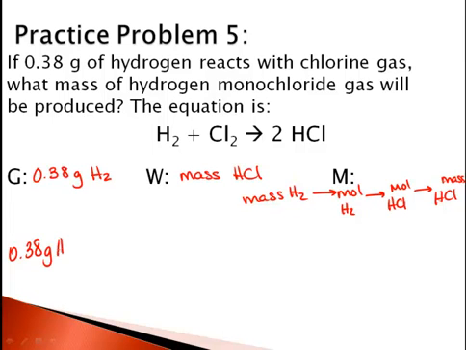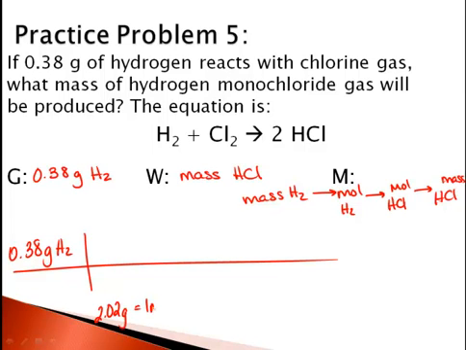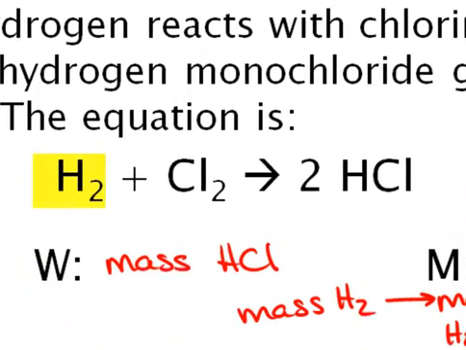So we take the 0.38 grams of H2, which is our given, and we convert to moles. The molar mass of hydrogen is 2.02 grams equals 1 mole. So I put 2.02 grams of H2 on the bottom and 1 mole of H2 on the top. I use my balanced equation to help determine the mole ratio.